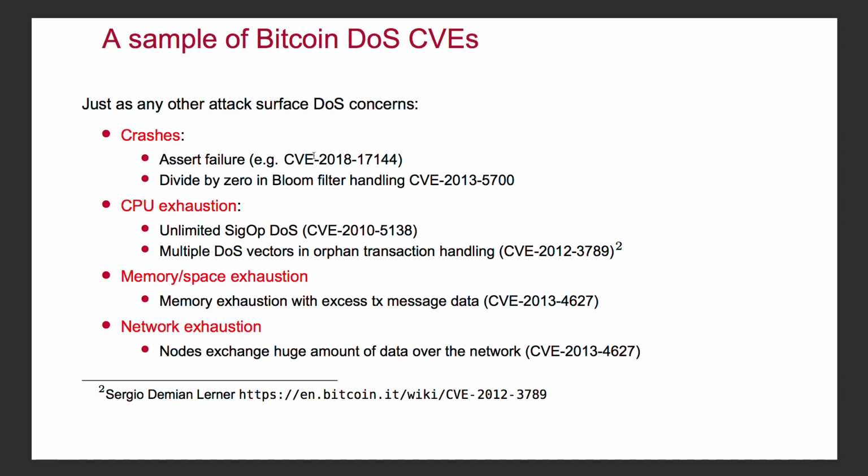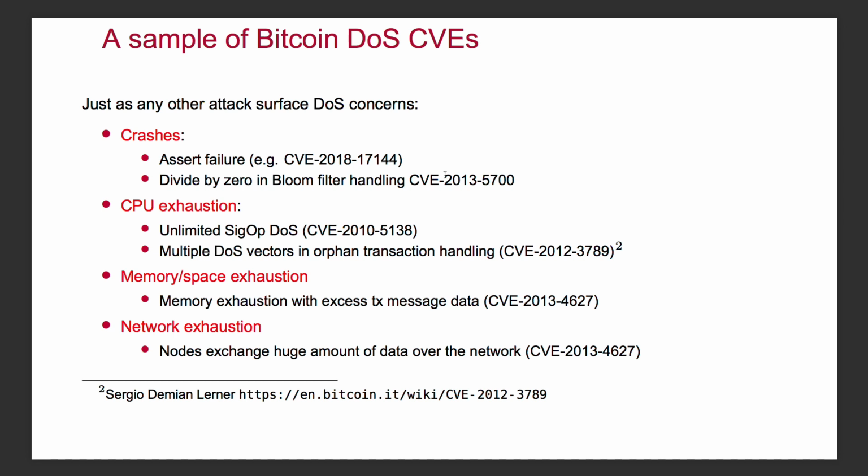For example, if I send a transaction that makes other clients validate hundreds of thousands of signatures, that's likely going to exhaust the CPU of those nodes. If clients are performing difficult computations, and an attacker can make them do an arbitrary amount of computation, that's a problem.